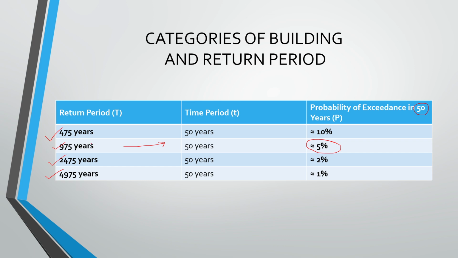Similarly, return period 2475 years means 2% probability of exceedance in 50 years, and 4975 years means 1% probability of exceedance in 50 years. Generally this is the design basis earthquake, and this is considered as the maximum considered earthquake, which has 2% probability of exceedance in 50 years.